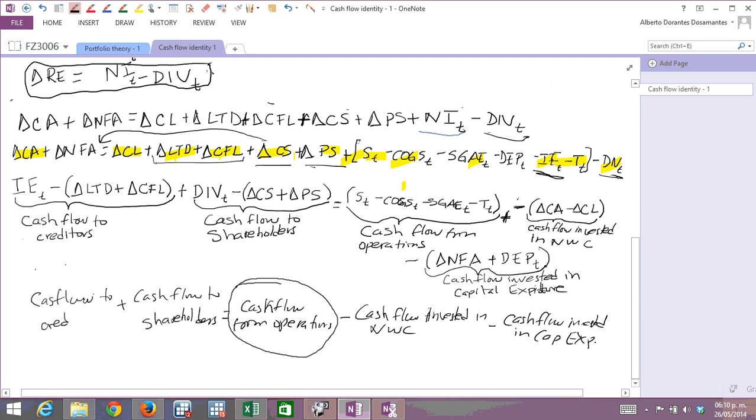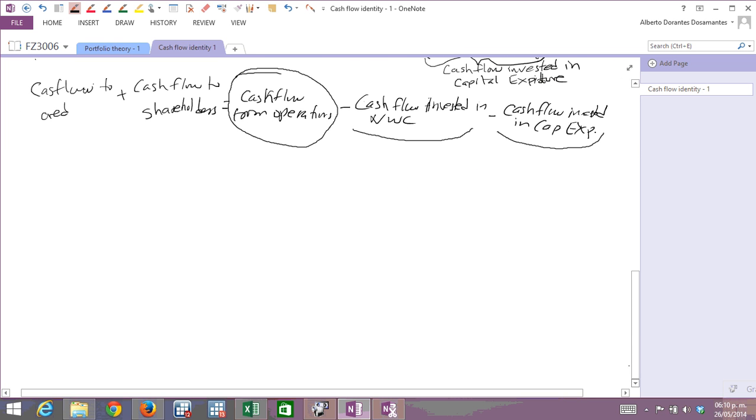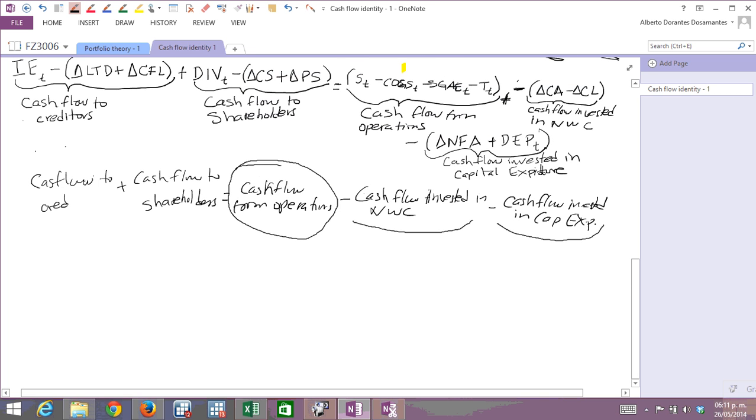The company has to make so much cash flow that after keeping money for net working capital and for the short-term operations, and after keeping money for the long-term investment in assets, such as technology, a new plant, new facilities, a new building, new machine, or it can be just maintenance or expansion, then what is left over is the cash flow that goes to creditors first, to the banks first, and the remaining is the money that goes to shareholders.